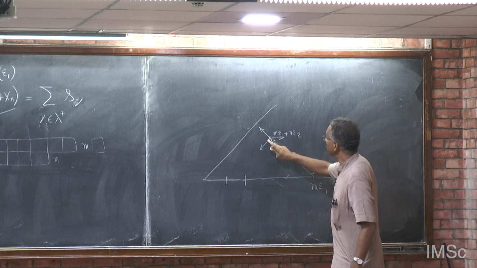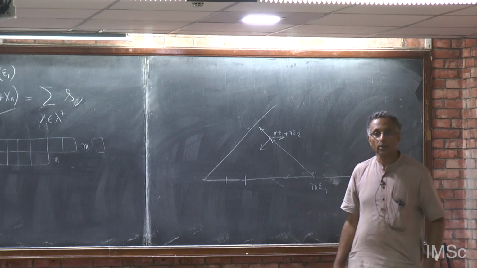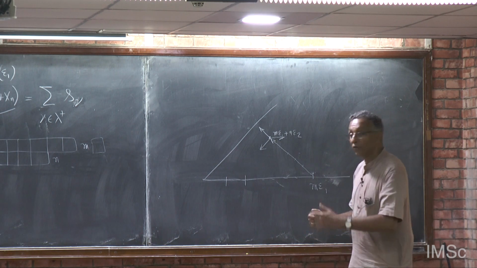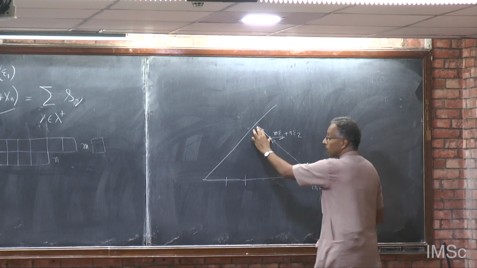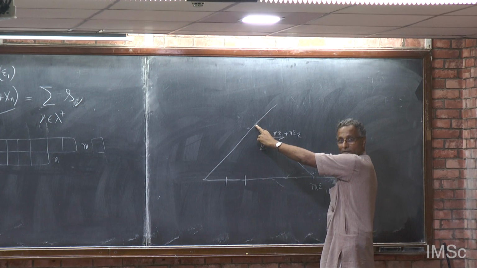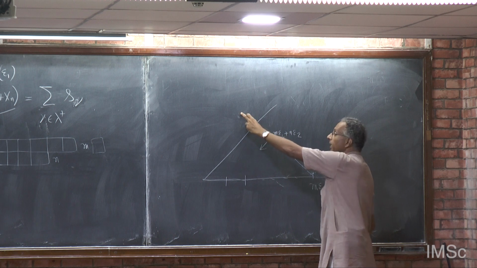When does this belong to the dominant weight chamber or not? If n is less than m, there is still one step, there is still room here. But if m equals n, I am right on the wall, and then I cannot add it.